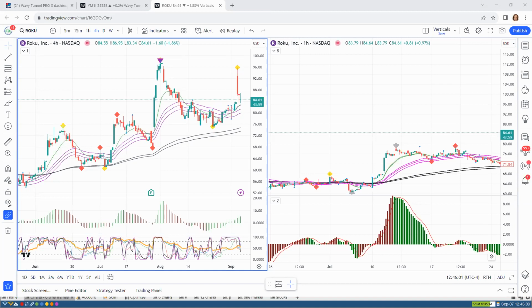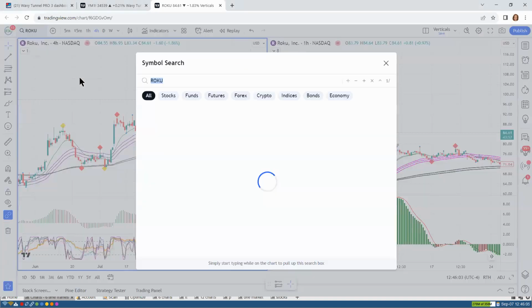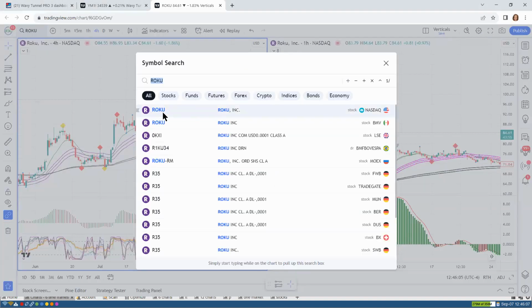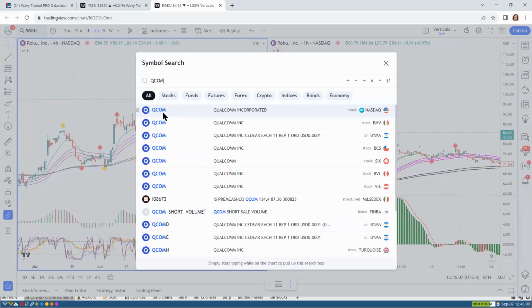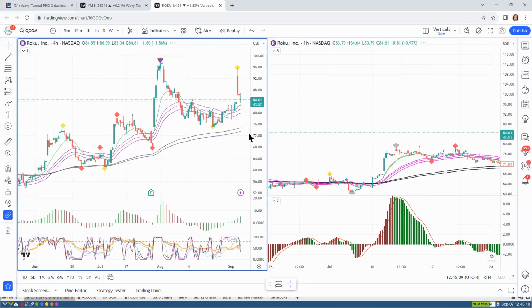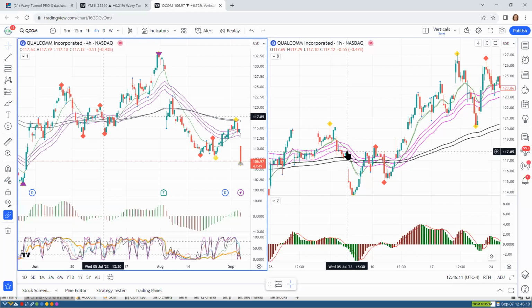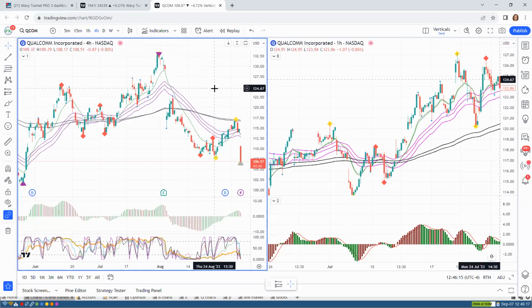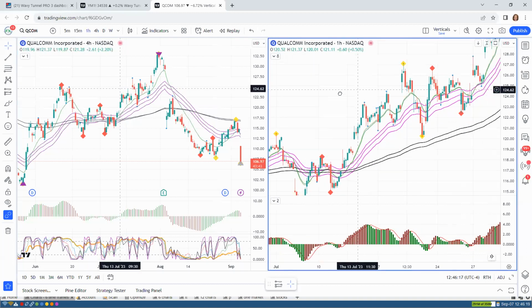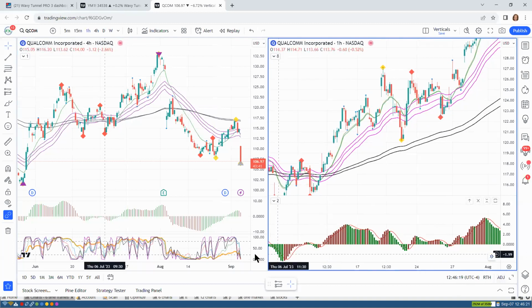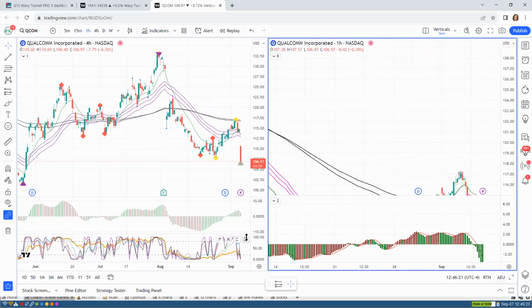Qualcomm. Okay, let me do some of the previous requests first. What time frames? Hi, Denny girl. What time frame do you want to see Qualcomm on? Pick what time frame?